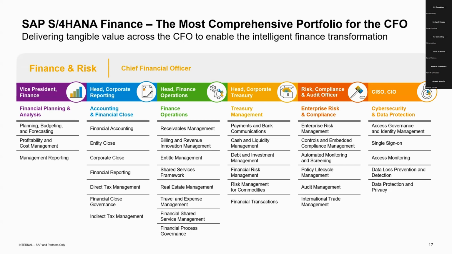Then for treasury, we have bank and payments and bank communications, cash and liquidity management, debt and investment management, financial risk management for commodities, and financial transactions. Then for risk, compliance and auditors, we have enterprise risk management, control and embedded compliance, automated monitoring and screening, policy life cycle management, audit management, international trade management.